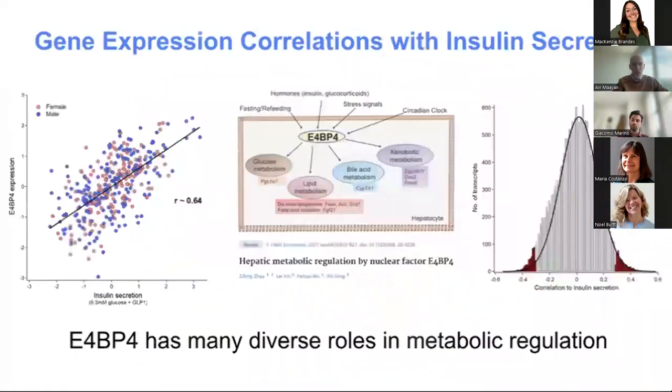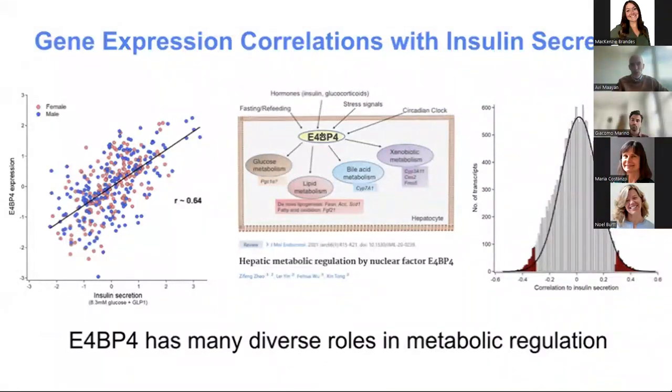Then you can take the RNA-seq data and see how individual genes, based on their expression, correlate with insulin secretion. So now, instead of differential expression signatures, we have genes that are highly positively or negatively correlated with insulin secretion.